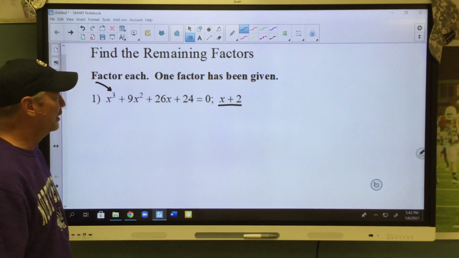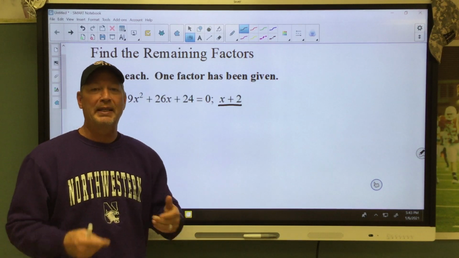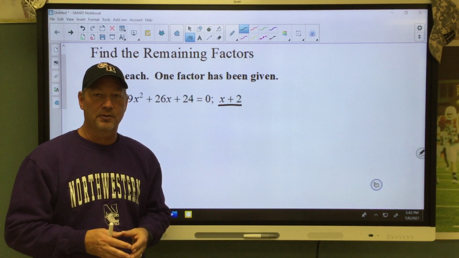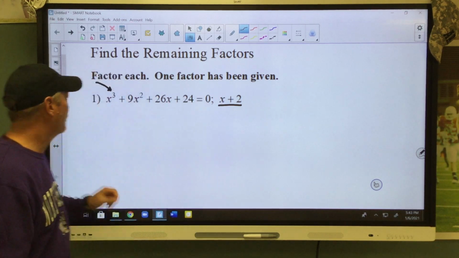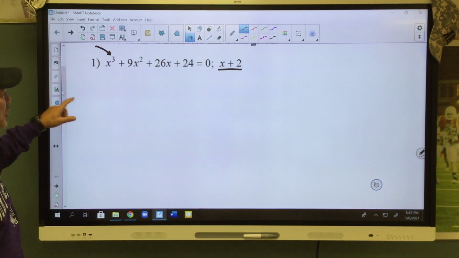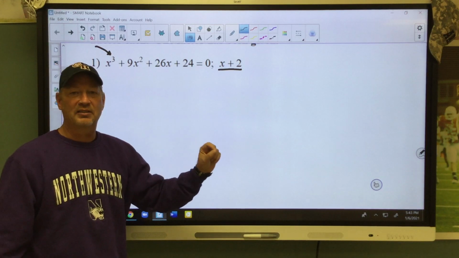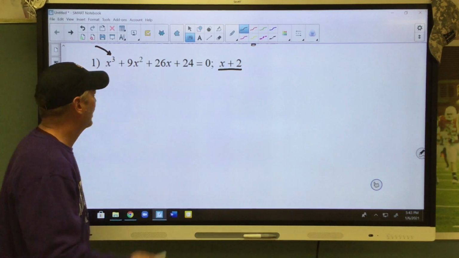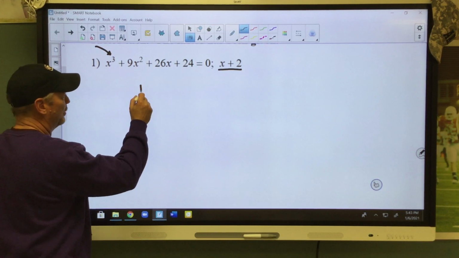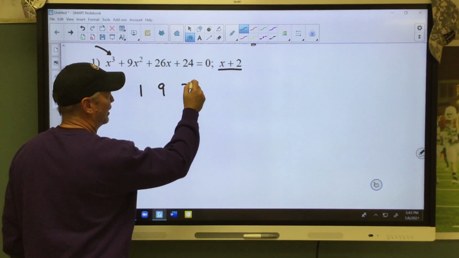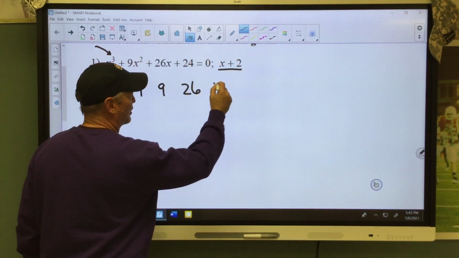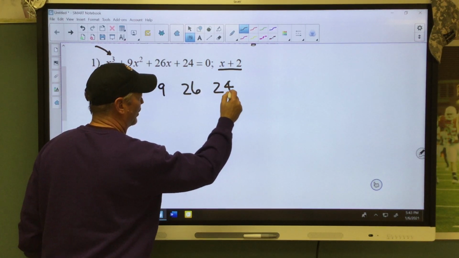How do we do this? The first step is we need to do synthetic division. Now, we've already learned synthetic division, so let's get into this. To do synthetic division, we're going to list the coefficients. We have a 1, a 9, a 26, and then we're going to write the constant of 24.